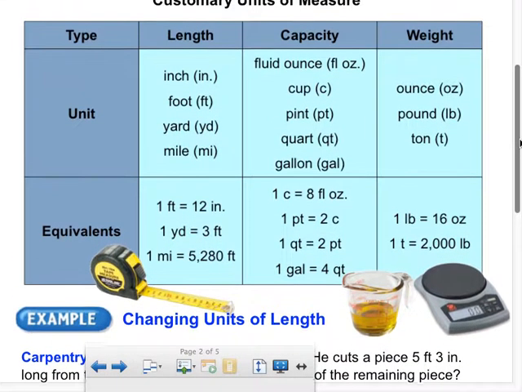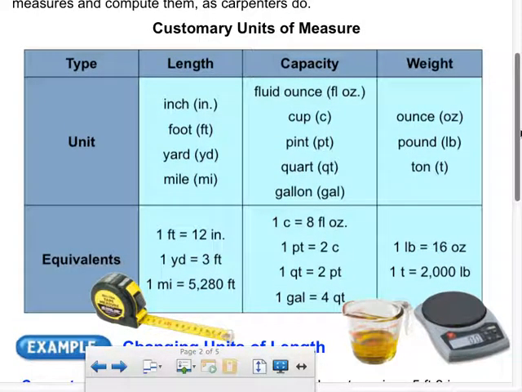In the chart, we see the different customary units of length: inch, foot, yard, mile, and they're increasing. These are the smaller units. How many inches are in a foot? 12. And how many feet are there in a yard? 3. And then we have a mile, and they increase. Here are the equivalent relationships that you just gave to me.